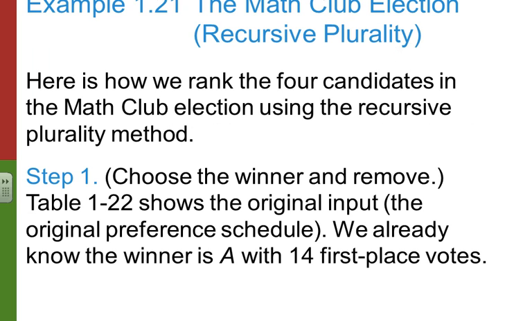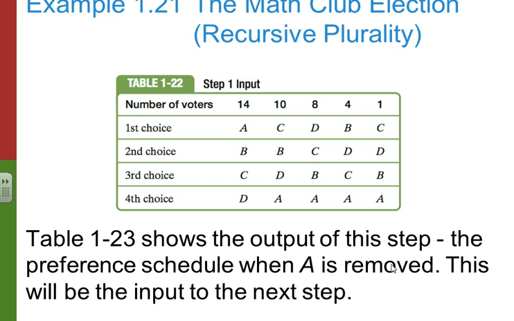So recursive plurality. Here we show a ranking of 4 candidates in Math Club, and A wins, we eliminate A, we figure out who comes in second. So A wins. With A eliminated, it would look like B would win.